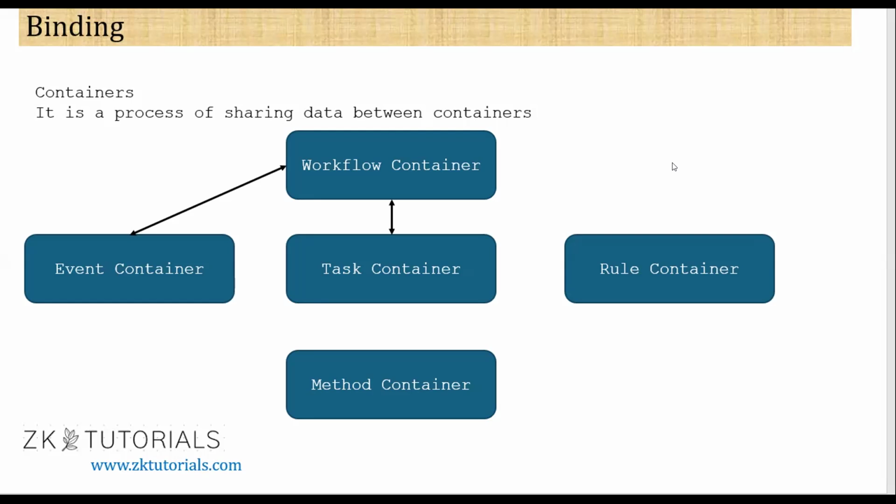Here we cannot send data from the rule container, we can only receive it. What I am saying is, we can send data from the workflow container to the rule container, but we cannot send the data back. So it's a single directional way.